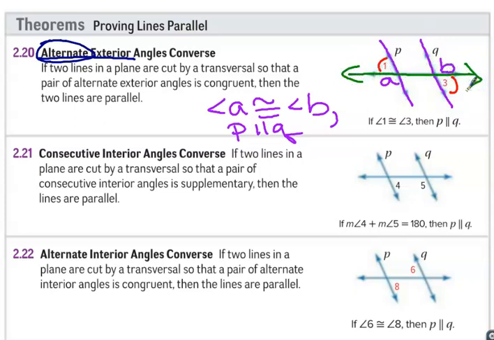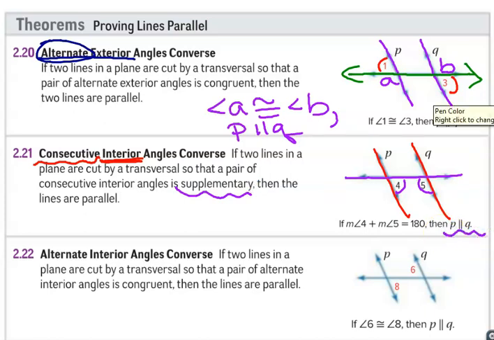Consecutive interior angles converse. Interior, folks, means inside the parallel lines, and consecutive means they're on the same side. They're supplementary. What does supplementary mean? They add up to 180. If they add up to 180, that can prove P and Q are parallel.